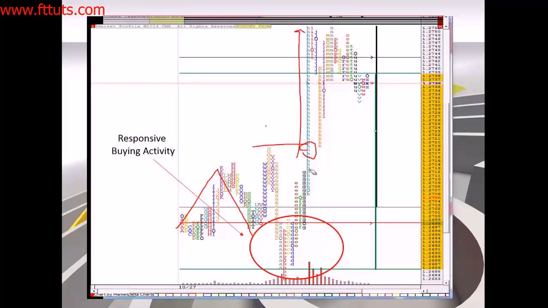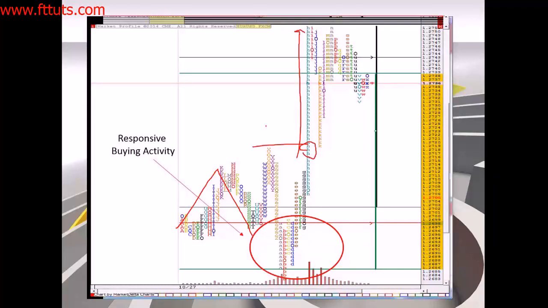Now, here we had 1, 2, 3, 4, 5, 6, and they immediately take out the high of this prior high from letter X and continues on. It's kind of interesting when K comes down for a retest, this high holds.